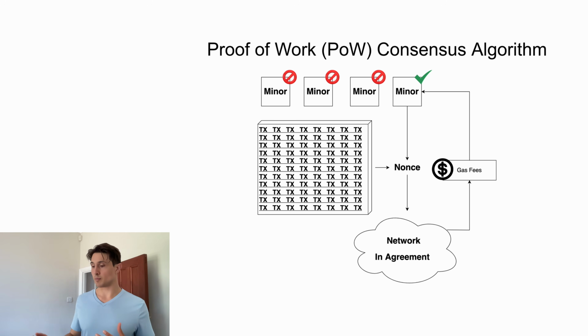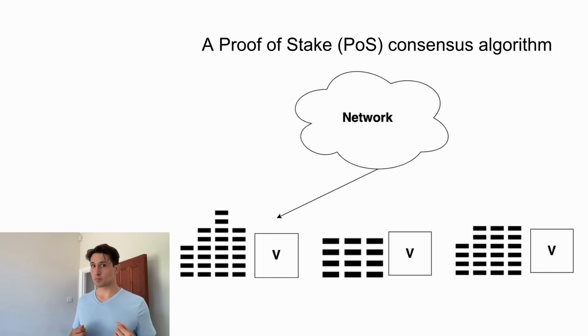Compare that with proof of stake. If you're able to, for example, buy 1,000 tokens and stake that, and someone else is only able to buy 100, then the person with 1,000 is 10 times more likely to be rewarded the next block. So either way, proof of work or proof of stake, it does reward the rich.